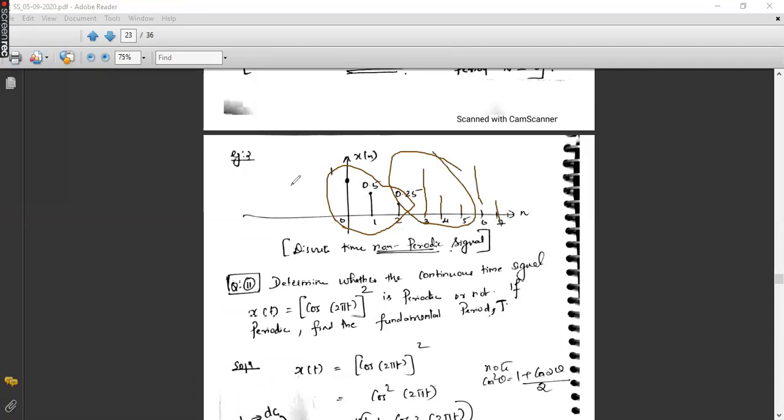Again in the negative axis also, it should be like this. Then it can be treated as a periodic signal. But unfortunately, this pattern is not repeating itself after a particular time. So it can be called a non-periodic signal or aperiodic signal.